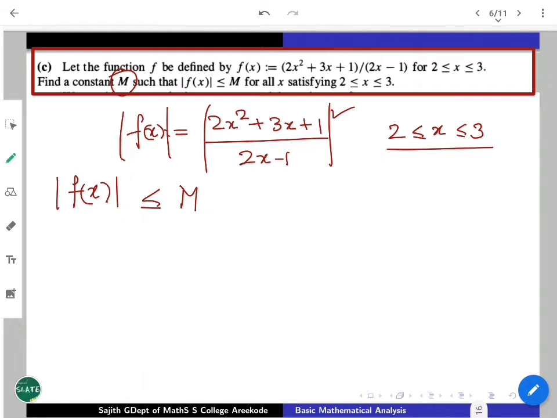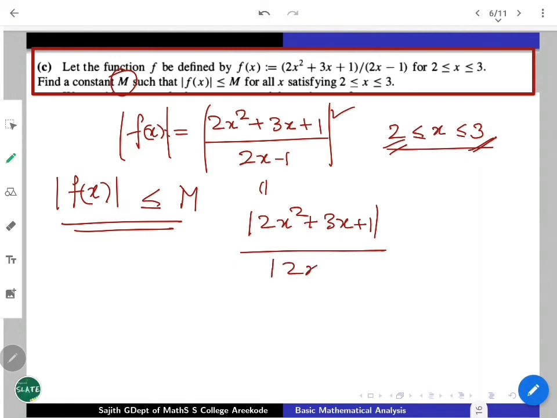Some number M I need which satisfies this inequality. But remember, x can vary from 2 to 3. So to furnish this, this part stands for mod 2x square plus 3x plus 1 divided by mod 2x minus 1.